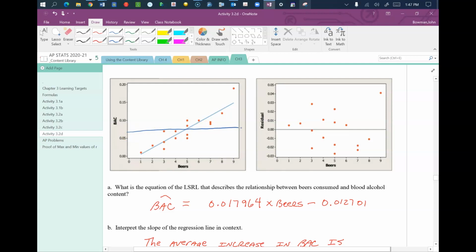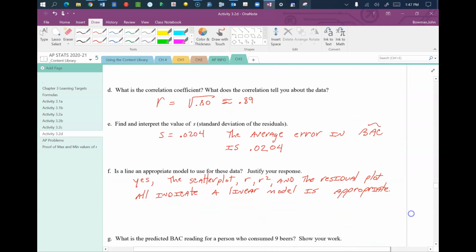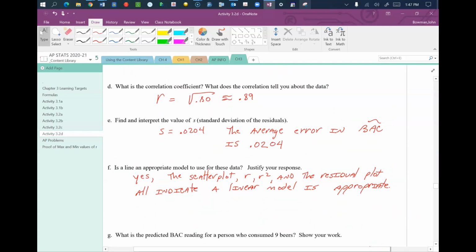An error of 0.02 is a third of 0.06, so that actually seems like a fairly big error in the context of this problem. And as you can imagine, I bet that's due to various factors like how much people ate before this experiment, or body weight, and things like that.